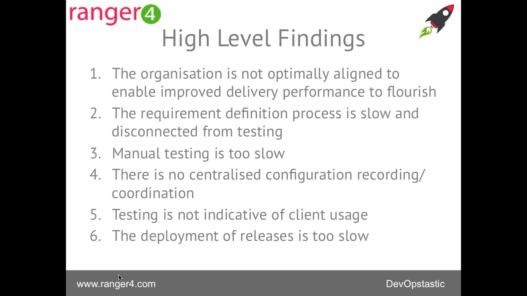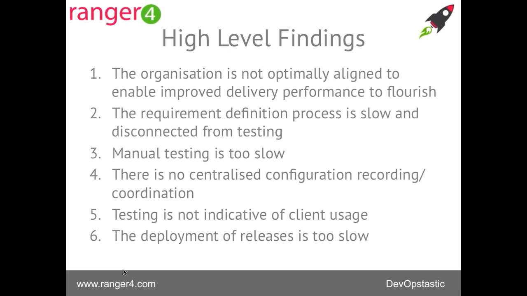As we suspected, there was a problem around the requirements definition process, and it was not linked effectively to the testing process. So you'll remember earlier when we looked at the requirements management maturity matrix, you'll remember that at level 5, the most mature level, we were talking about tools that integrated requirements and testing. The manual testing was causing a problem, slowing them down.